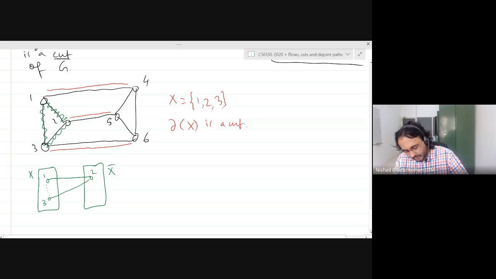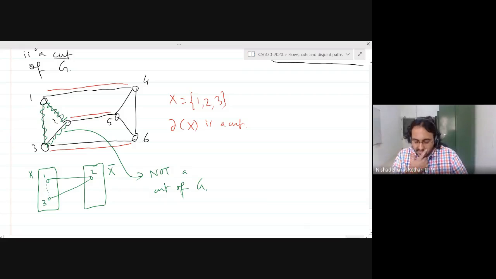So this is not a cut of the graph. The right way to think of a cut is you take a partition of the vertex set and then you look at all the edges going from one part to the other part.